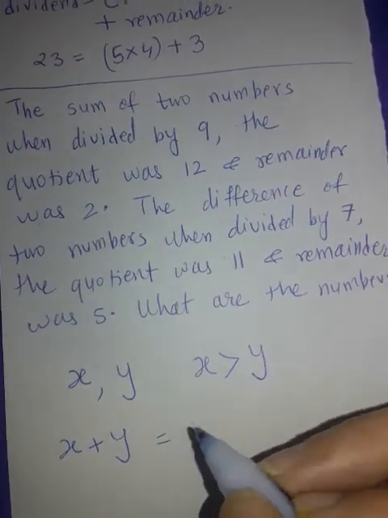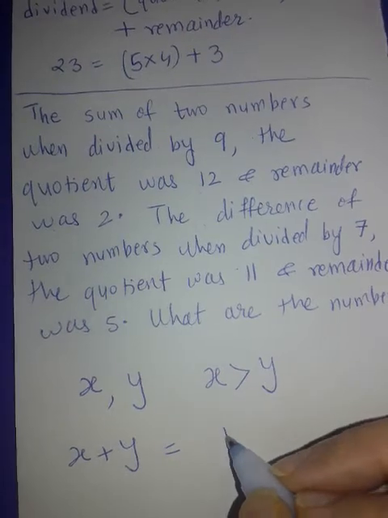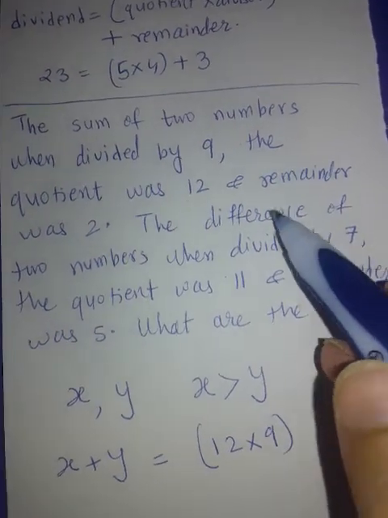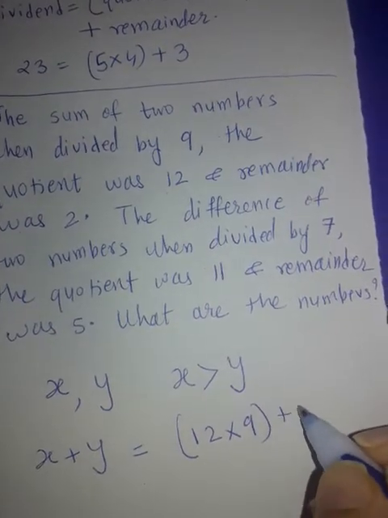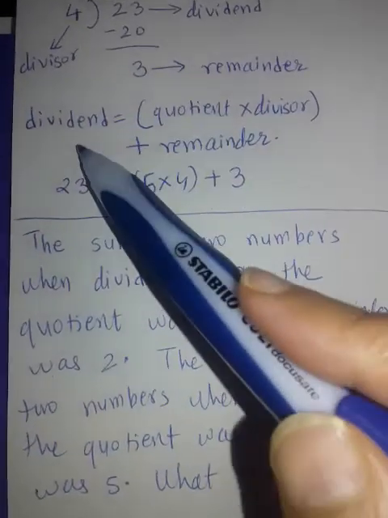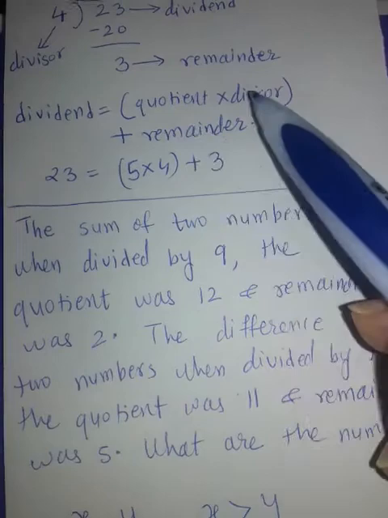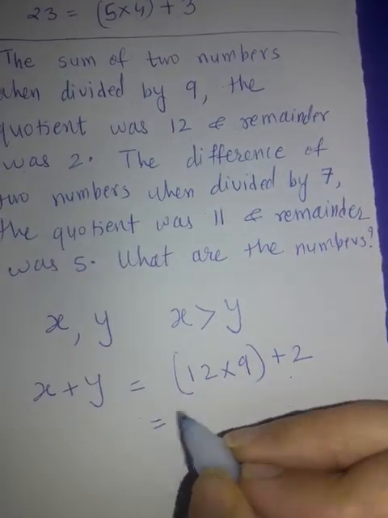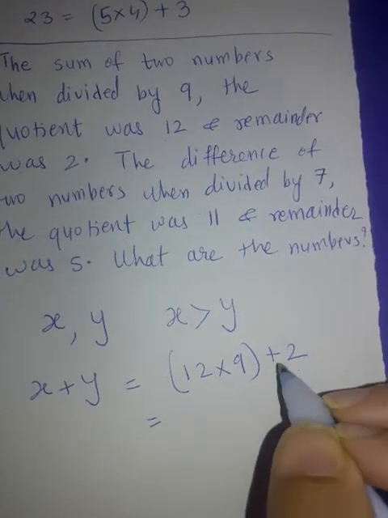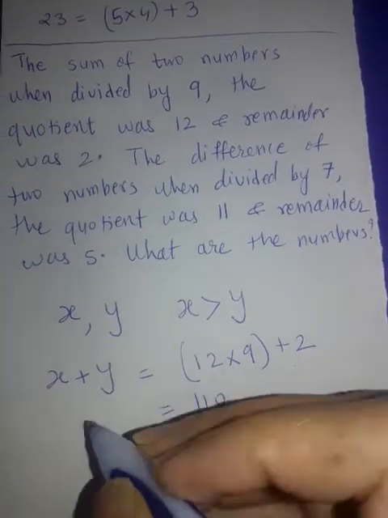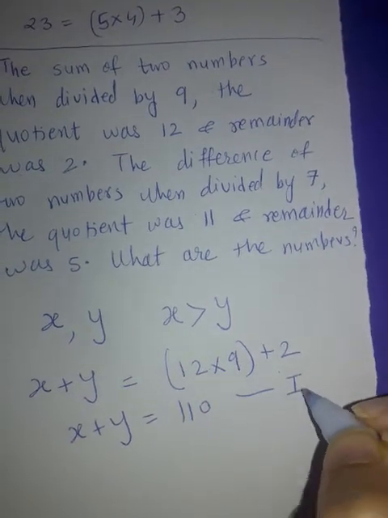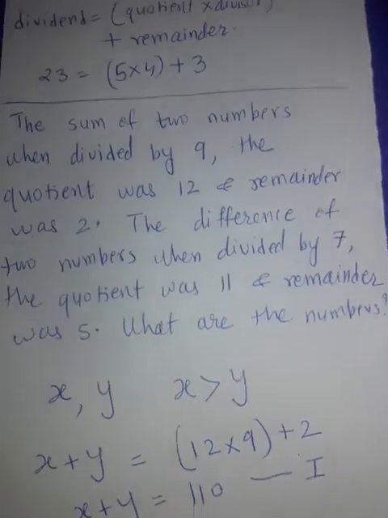This is dividend, quotient is 12, divisor is 9, and the remainder is 2. So plus 2. We are applying same formula. Dividend is equal to quotient into divisor plus remainder. 12 9s are 108 plus 2 is 110. So x plus y is equal to 110. This is your equation number 1.